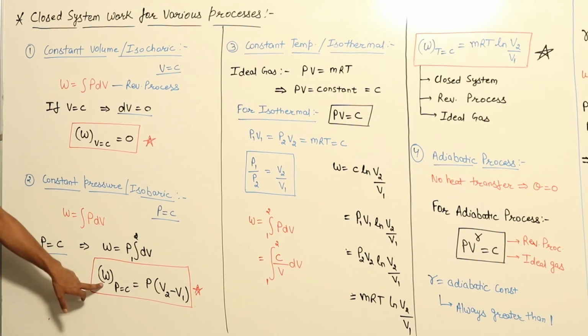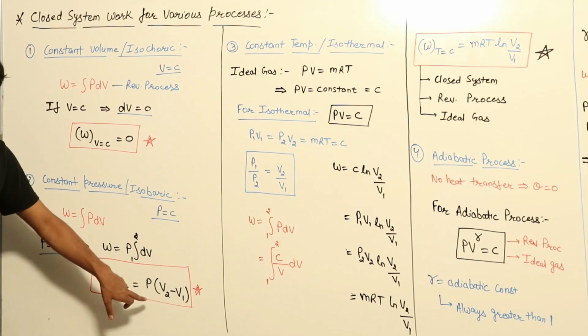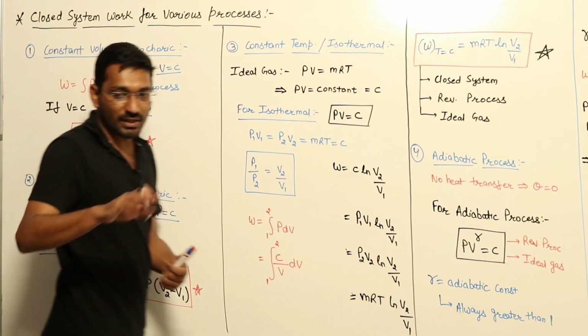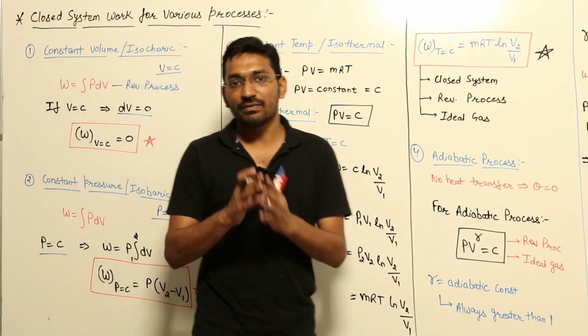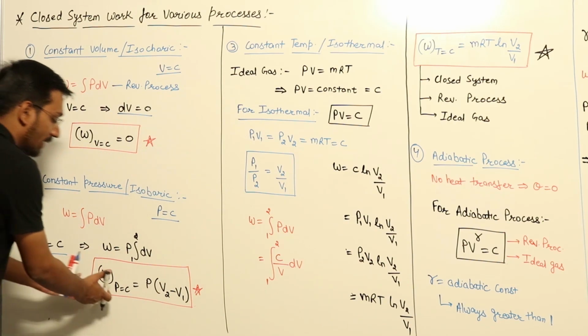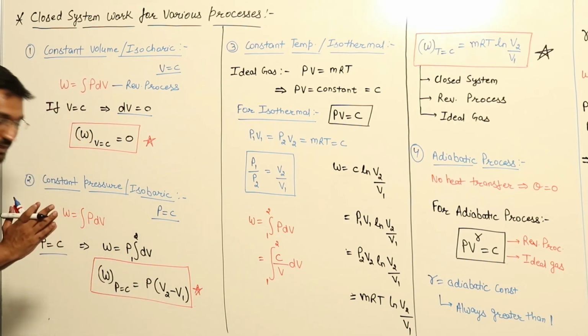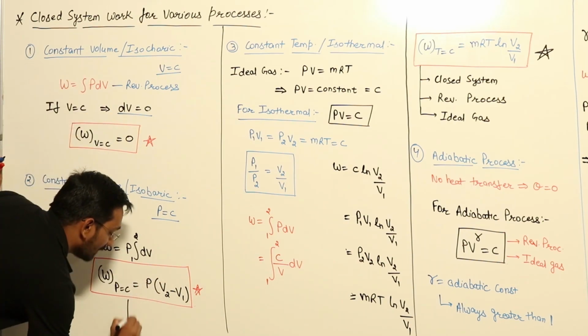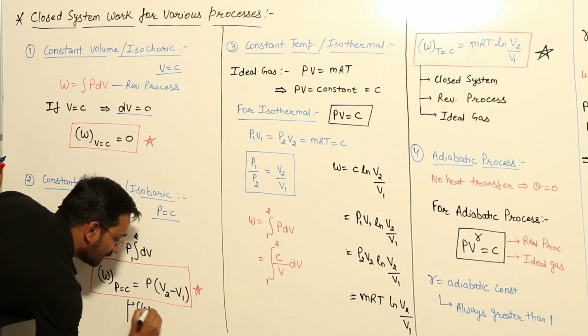So work done in a constant pressure process will be equal to pressure into change of volume, W = P(V2 - V1).